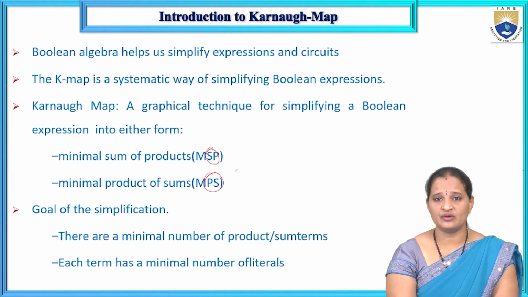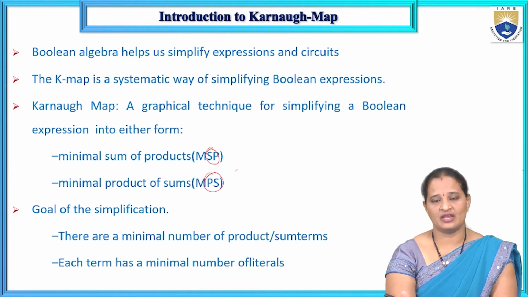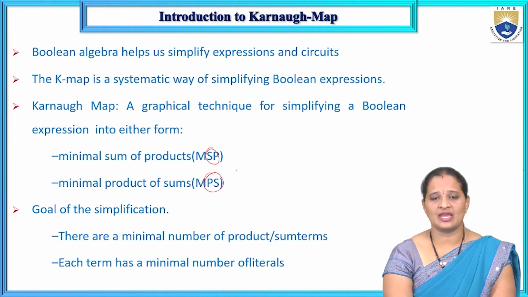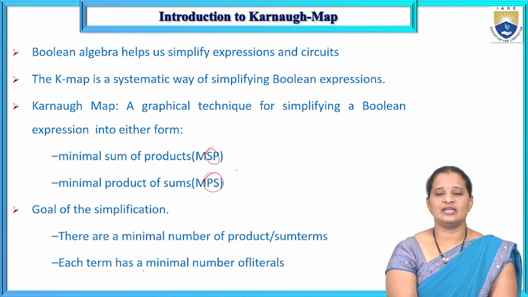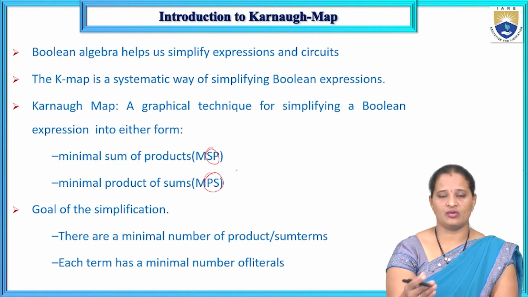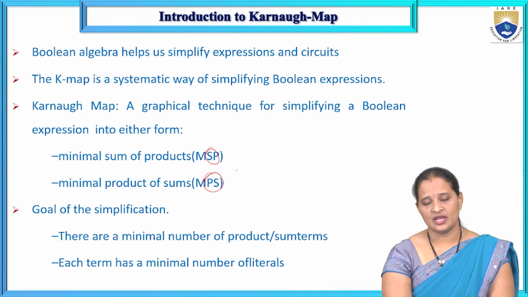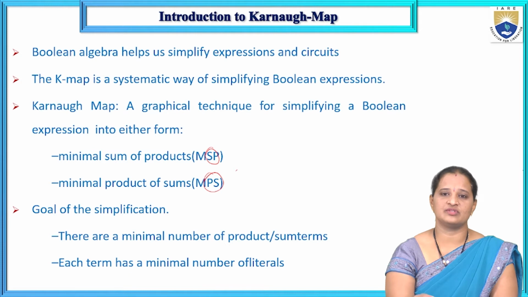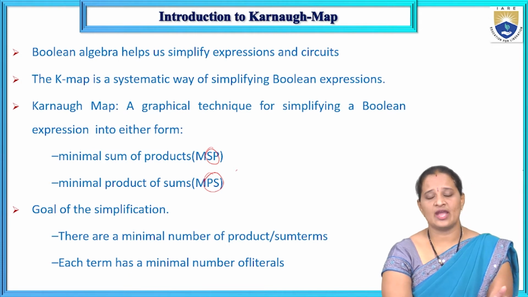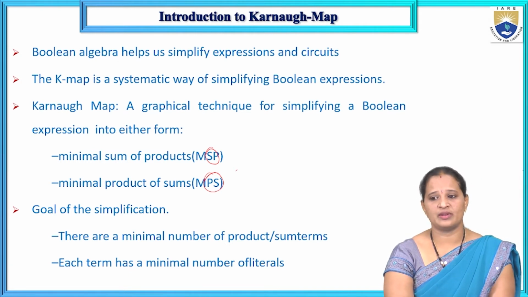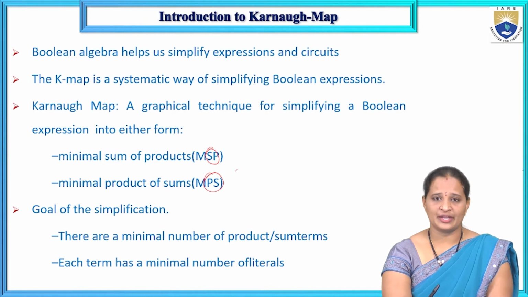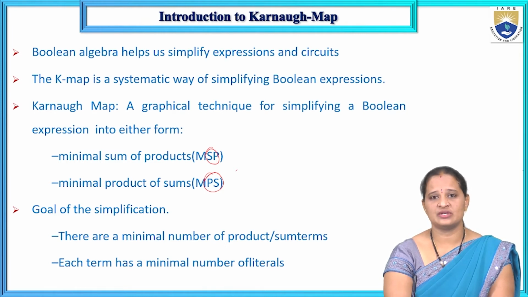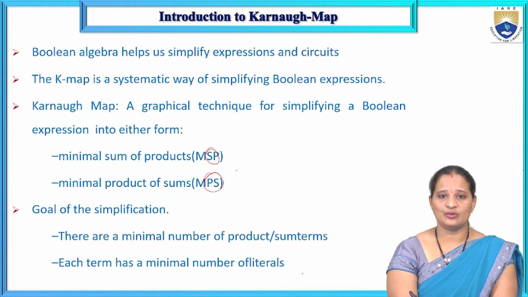That means reducing the number of terms in a given expression, whether in product form or sum form. Another goal is, if we are not able to reduce the number of terms, we can reduce the number of variables or literals, which also gives a simplified expression. Then the number of components required to implement a Boolean expression is reduced, hence the cost is reduced and it is easy to implement.